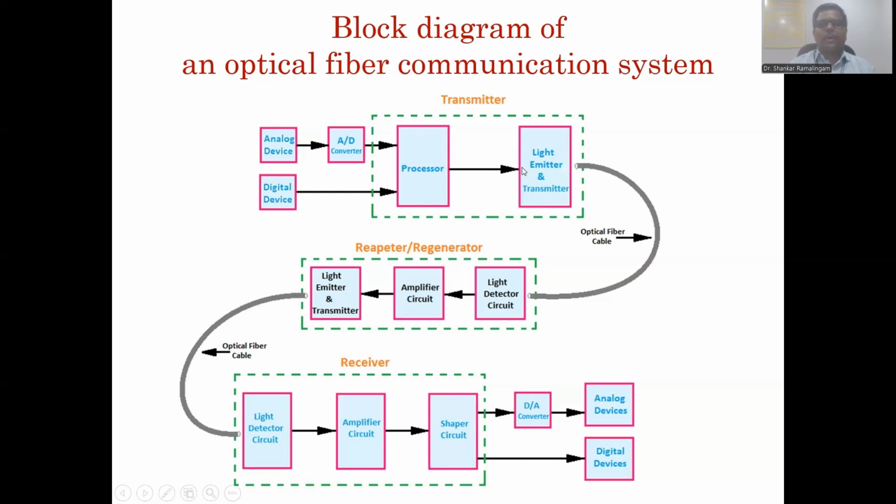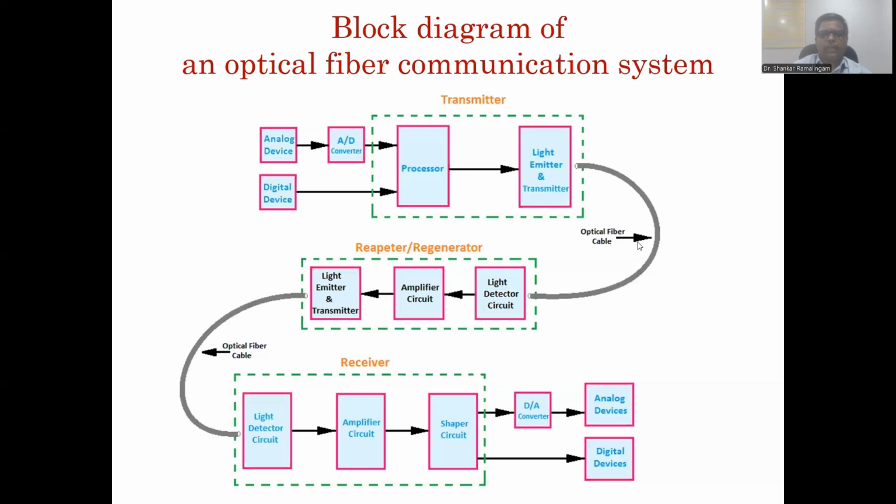It is going to emit light when there is a 1 present at the input, whereas it is not going to emit any light when there is a signal 0 present at the input, right? In this way, ones and zeros are going to be transmitted over our optical fiber cable in terms of light pulse, either presence or absence of light.